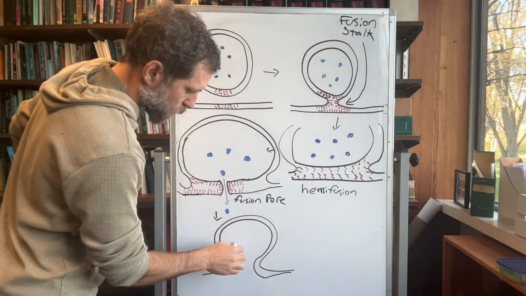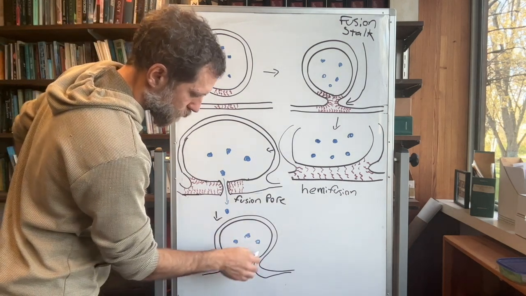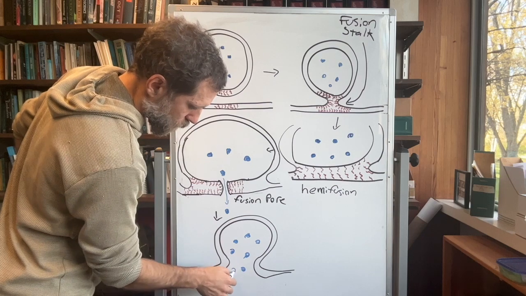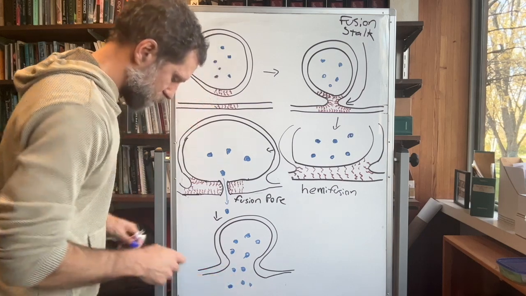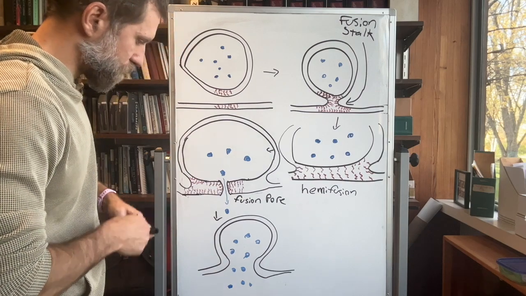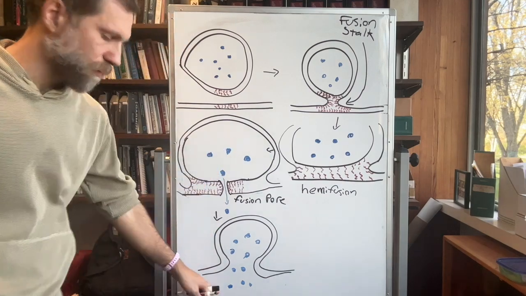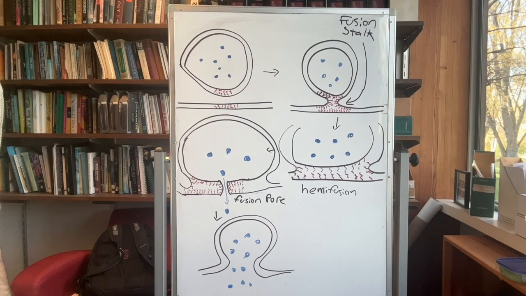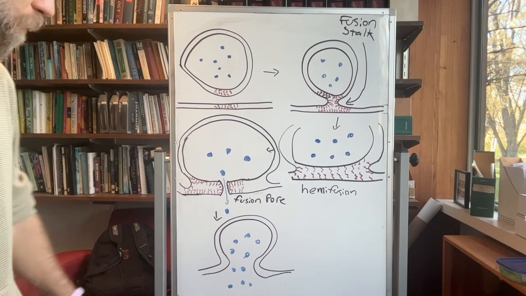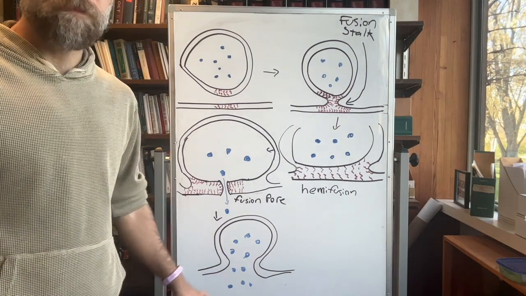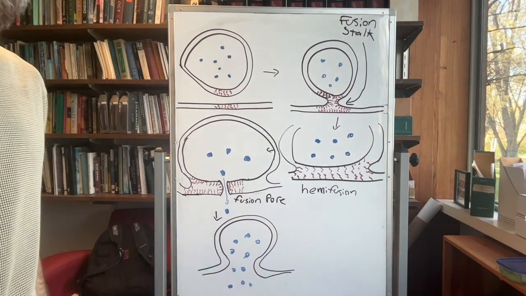And more neurotransmitter can come out, and it really starts to flood here as there becomes less of a distinction between the inside of the vesicle and the outside, the axon terminal and the synaptic cleft. And so at this point, we have full fusion.